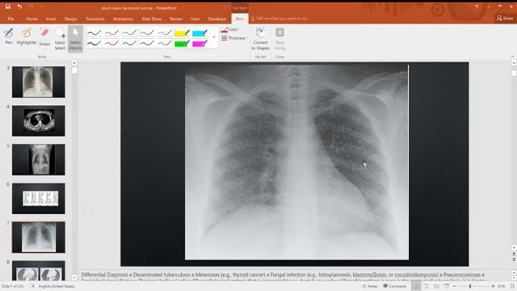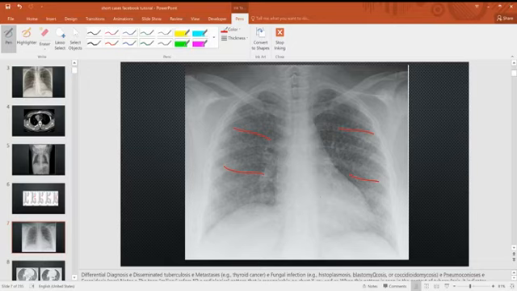So in this case, as we see here in this chest X-ray, we have miliary shadows in both lungs distributed randomly in the upper, mid and lower zones, and one of the differential diagnoses is TB. It is not classic for TB, but other differential diagnoses can be seen in this pattern.